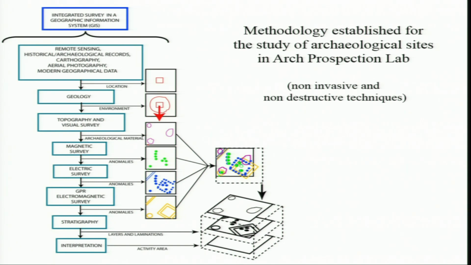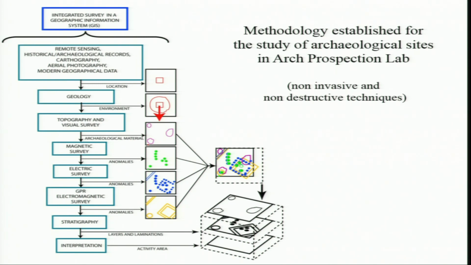As I said, we start analyzing cartography, aerial photography, images from satellite, and we put all this previous information in a geographic information system. Then we approach the site and try to understand the geology, the geomorphology of the place we are going to work.